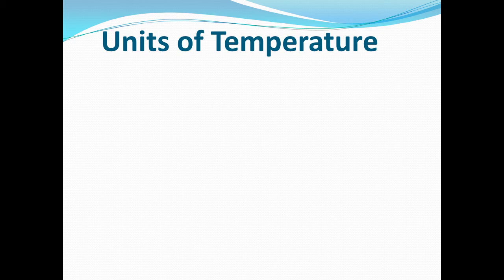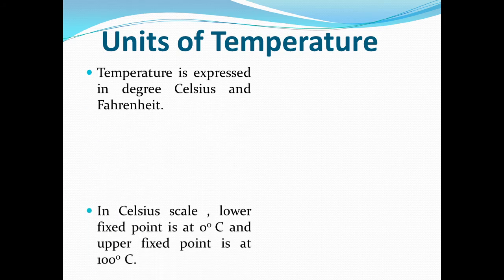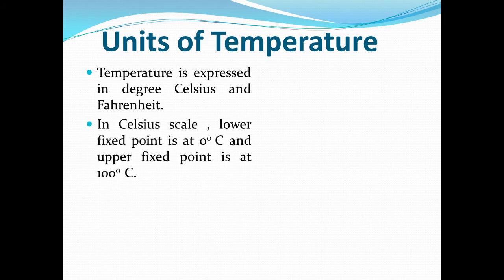Our next topic is the units of temperature. Temperature is expressed in degrees Celsius or Fahrenheit. The Celsius scale is named after the scientist Andreas Celsius and it is expressed as degree Celsius, while the Fahrenheit scale, named after Daniel Fahrenheit, is expressed as degree Fahrenheit. In the Celsius scale, the lower fixed point is at 0 degrees Celsius, that is the freezing point of water, and the upper fixed point is at 100 degrees Celsius, that is the boiling point of water.